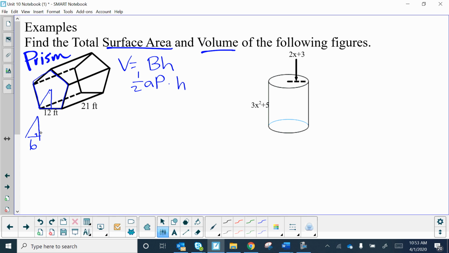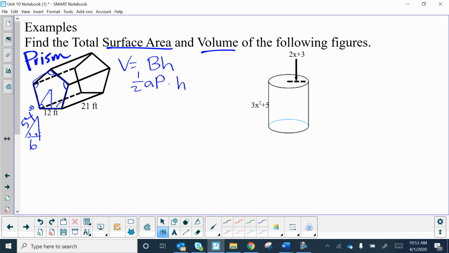So there's 540 degrees. Divided by 5, each angle is 108 degrees. So each angle right here, those are all 108 degrees. Then I'm going to divide it by 2, because that gives me this little angle right here. So this little angle right here is 54 degrees.